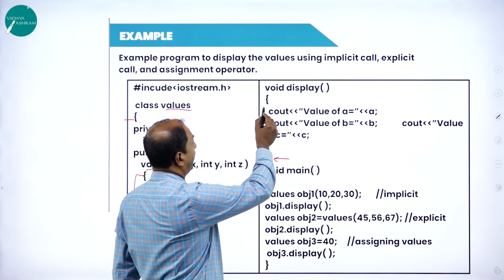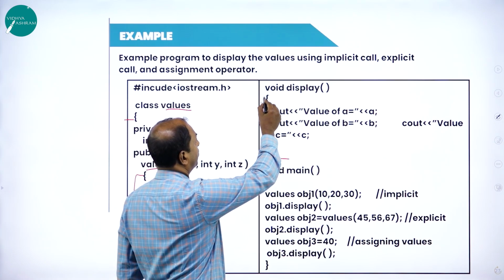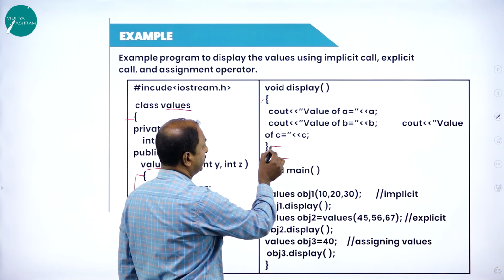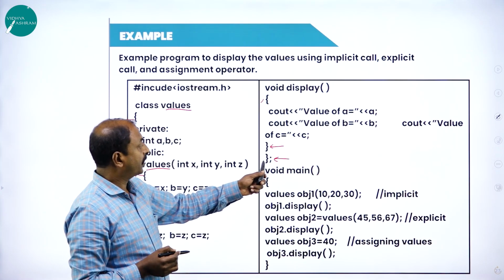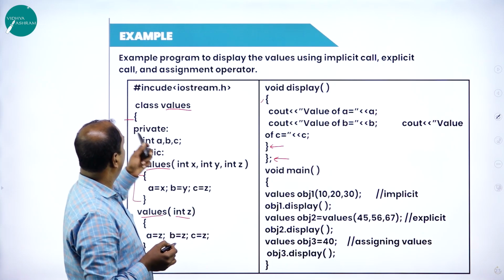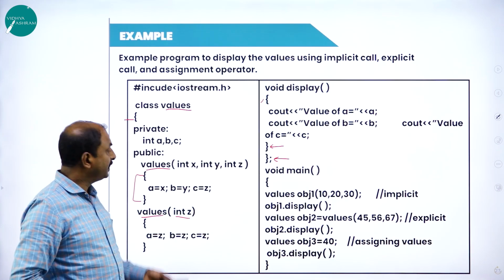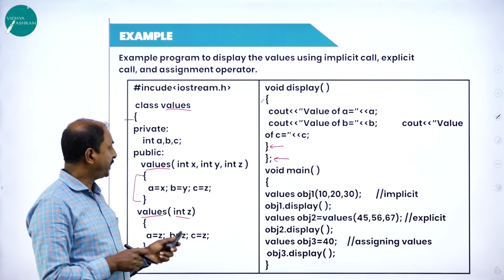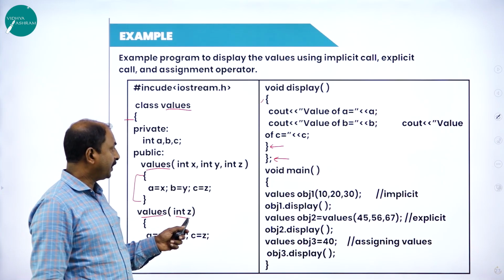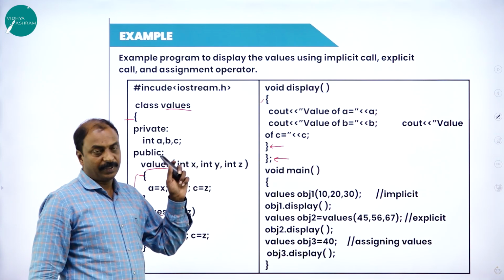This is the function display. It ends here. Next, we are closing the class here, and the class ends here with semicolon. Inside this, we have two constructors, one with one parameter, another with three parameters.